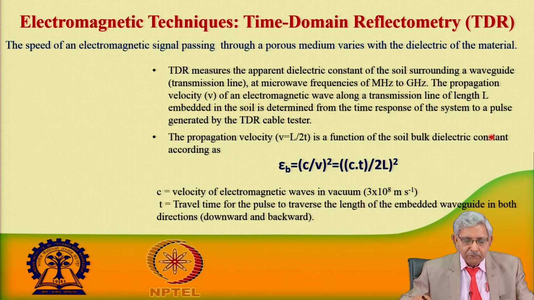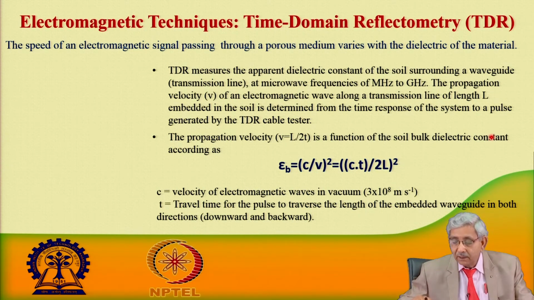In time domain reflectometry, the speed of an electromagnetic signal passing through porous media varies with the dielectric constant of the material. TDR, in short form, measures the apparent dielectric constant of the soil surrounding the waveguide line.